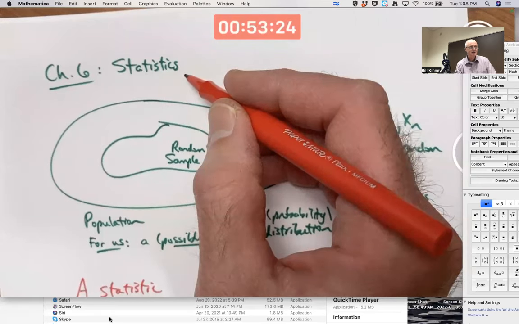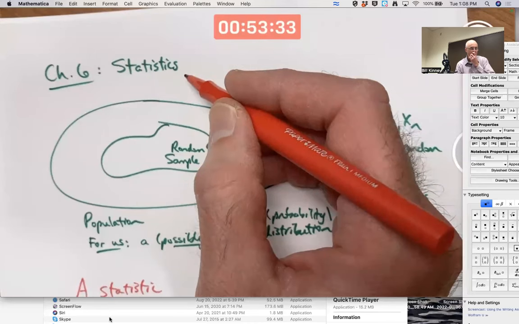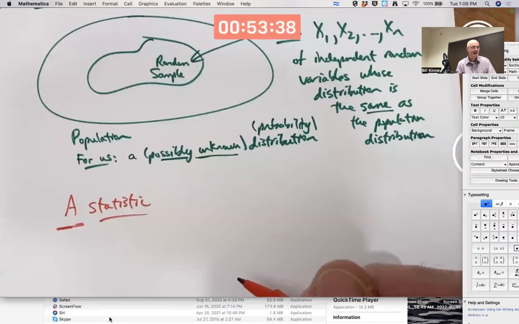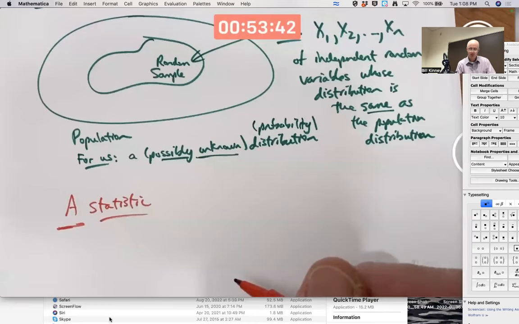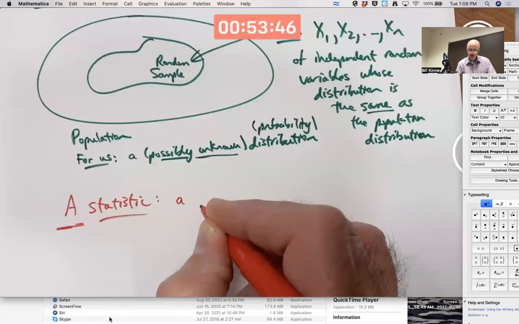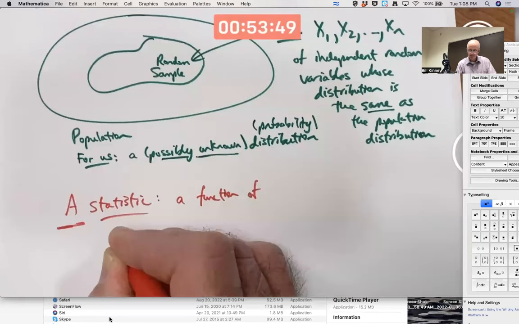Most people, when you use the word statistics, think about numbers and averages and graphs, maybe sports statistics. When I say a statistic, I'm referring to something more abstract in this course. A function of a random sample.